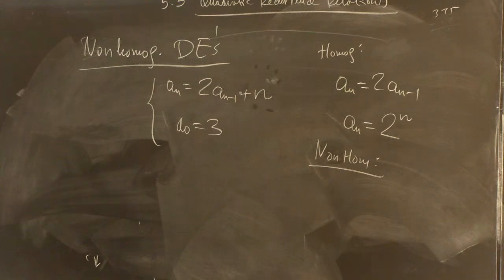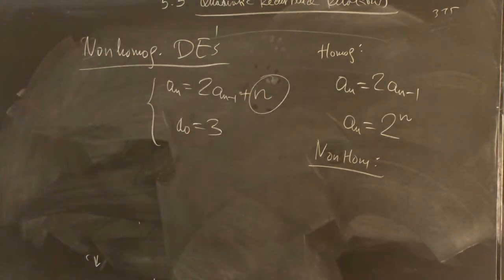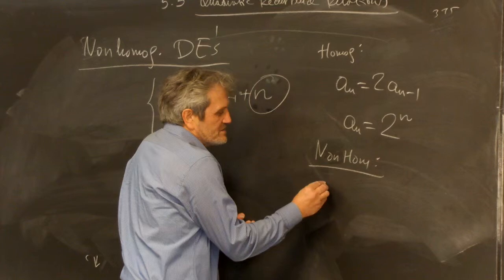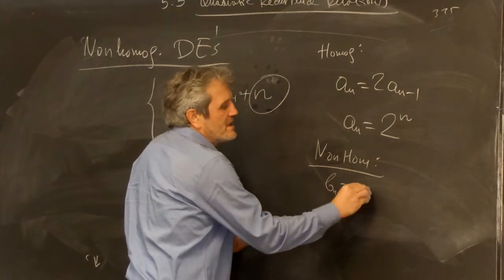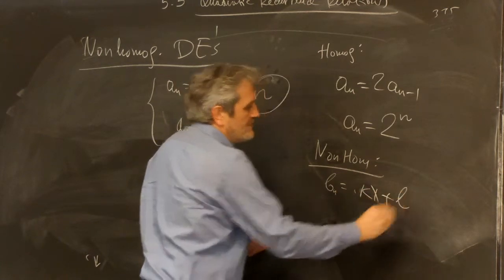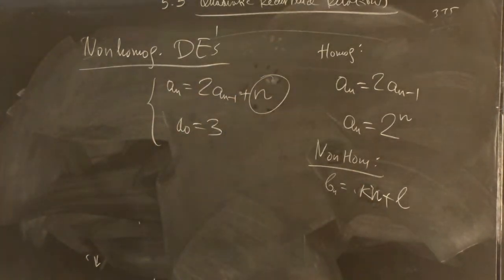Then what? I'll just guess a solution, and I'll say the following. Some solution B_n in the form of a linear function, Kn plus L. If I'm lucky, Kn plus L. So a linear function of n, if I'm lucky, I might find it.